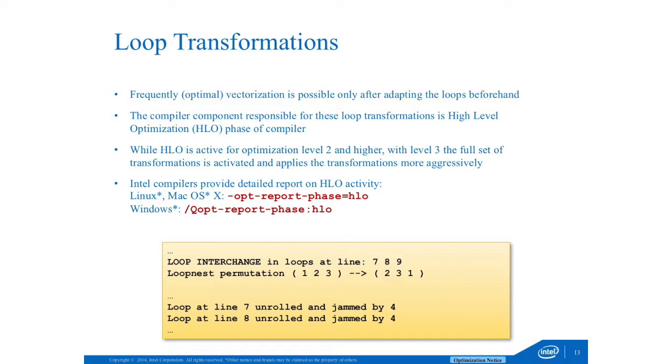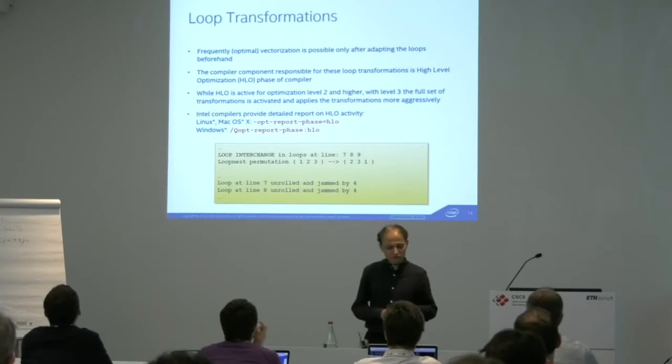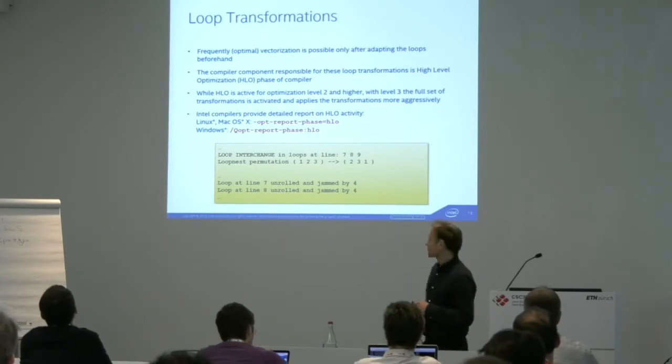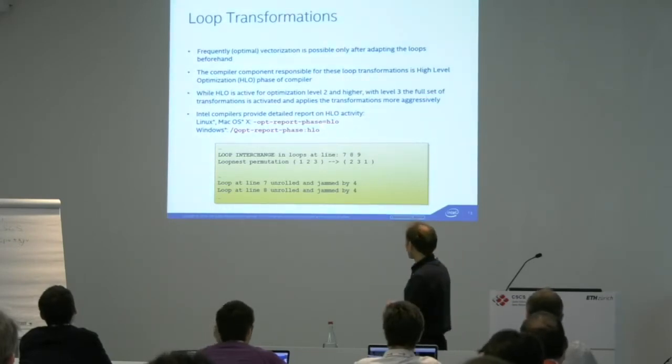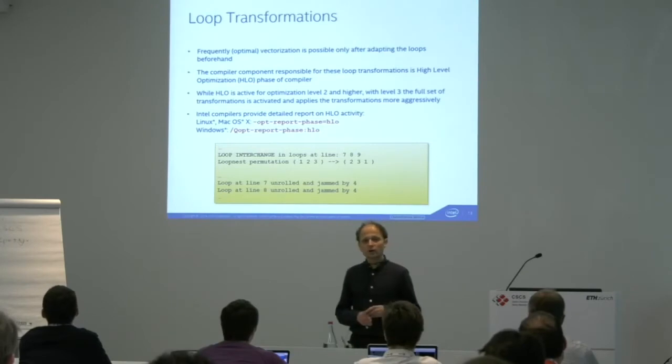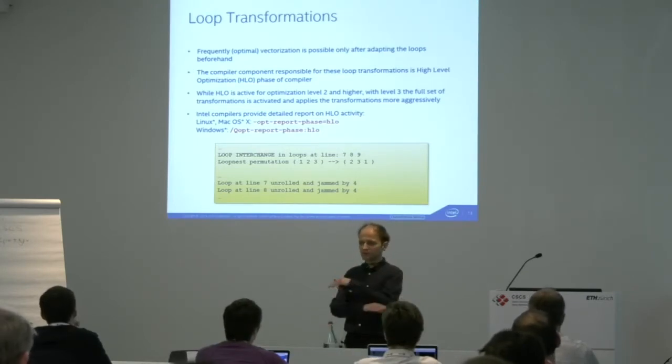This is ideal. We just see the vectorization report instead of the original source code, but this doesn't matter. It shouldn't distract us. But you have optimization reports for all phases of the compilation in the Intel compiler, and you can do high-level optimizations, which are about, we interchanged the loop, we split the loop.